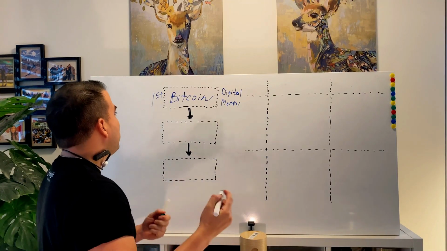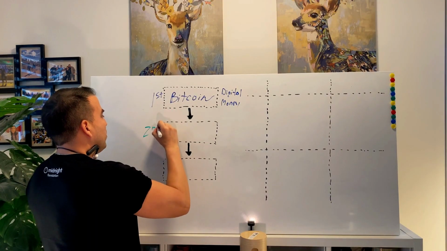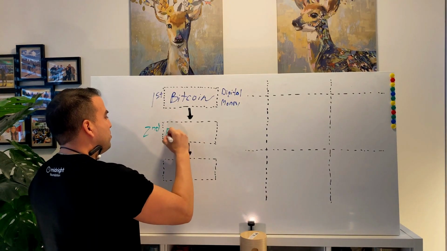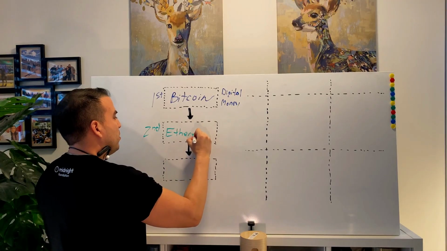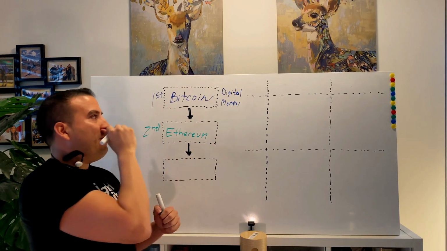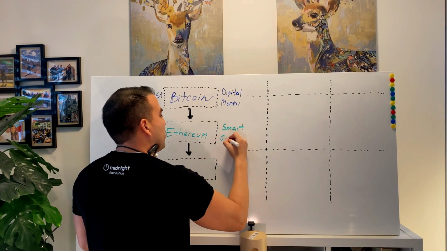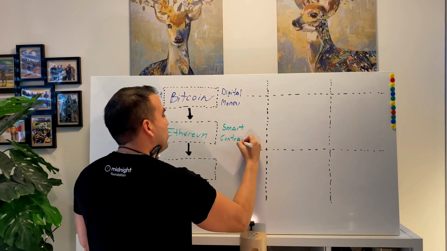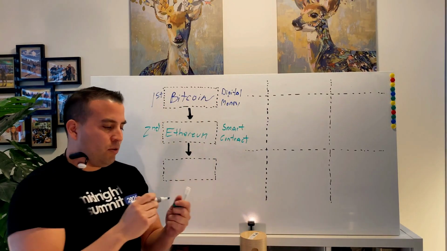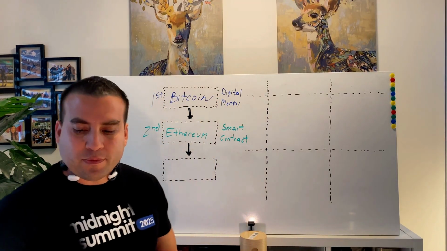Then we have the second generation, Ethereum. It gives us the feature of smart contracts. So now the blockchain was programmable.